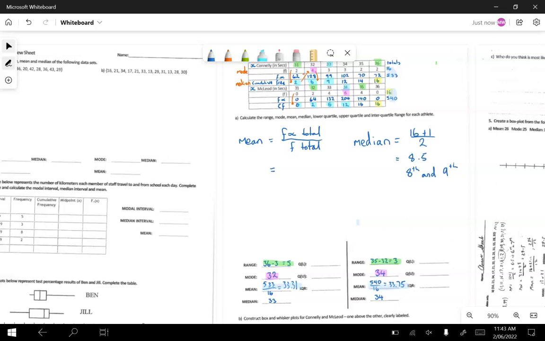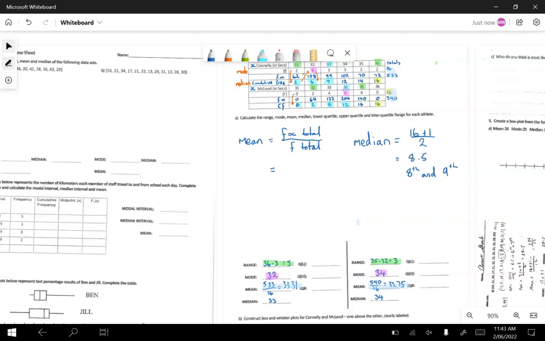But for people who need something concrete, and for people who might be under a bit of exam pressure and just need something that they know they can be confident in, then adding 1 and dividing by 2 is a great way to do it, because sometimes you'll get just a whole number. That will happen if you've got an odd number of scores, and that's really cool because you're just hunting for, say, the 8th score.